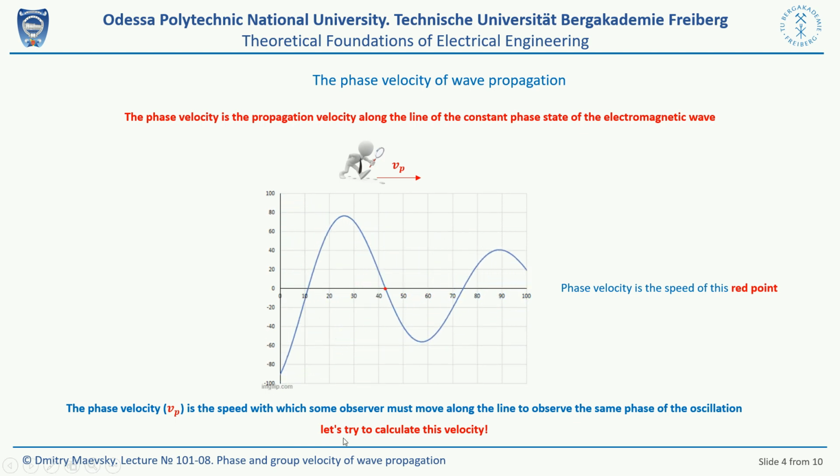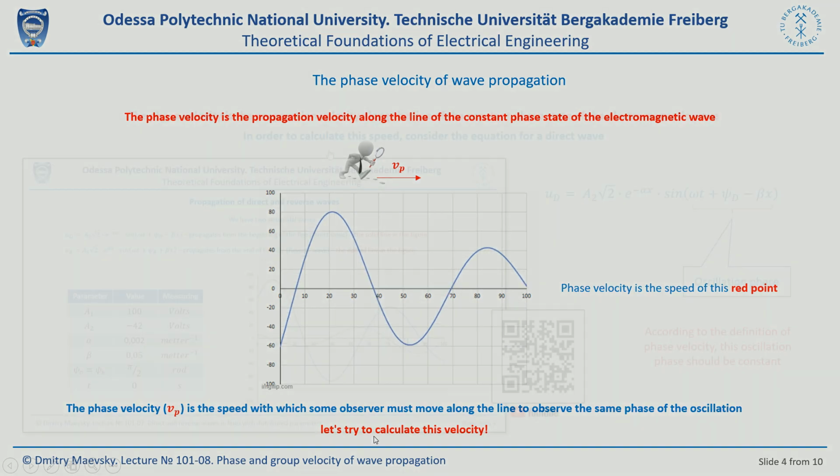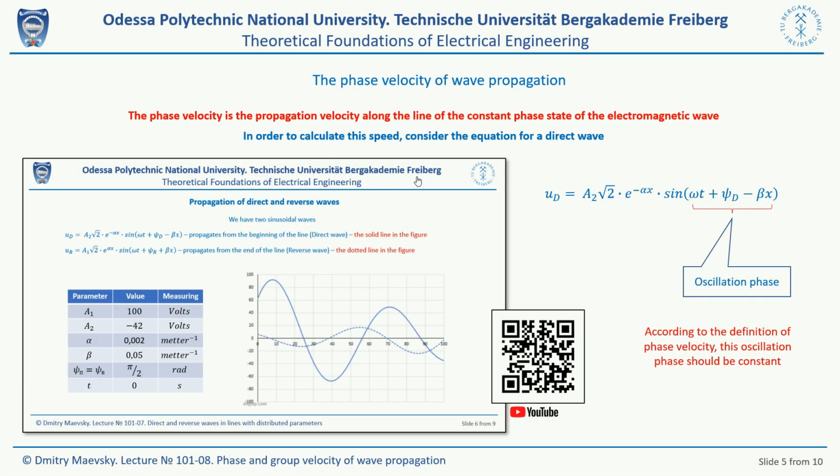Let's try to calculate this velocity. To do this, remember that the phase of the oscillation is the argument of the sinusoidal function that describes this oscillation. For example, for the voltage of the direct wave, which is described, as we remember, by the following formula, the phase is the expression in brackets.